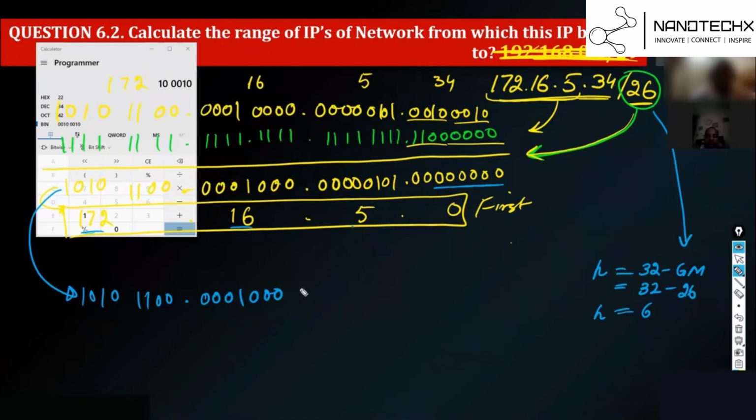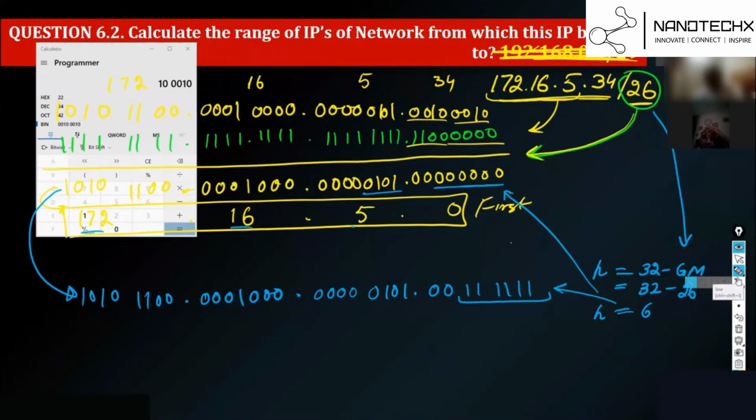So here we have to write dot 0000, 4 times, then 00 and now here we have to write 6 times 1: 1, 2, 3, 4, 5, 6. Why? Because the value of H was 6, so we had to convert 6 bits to 1.